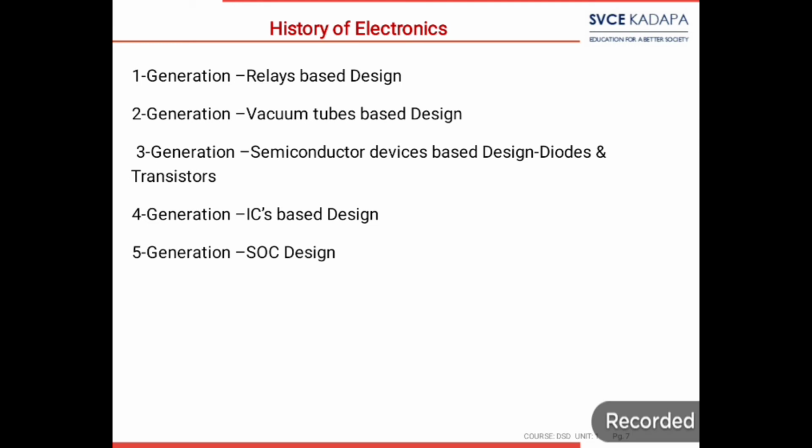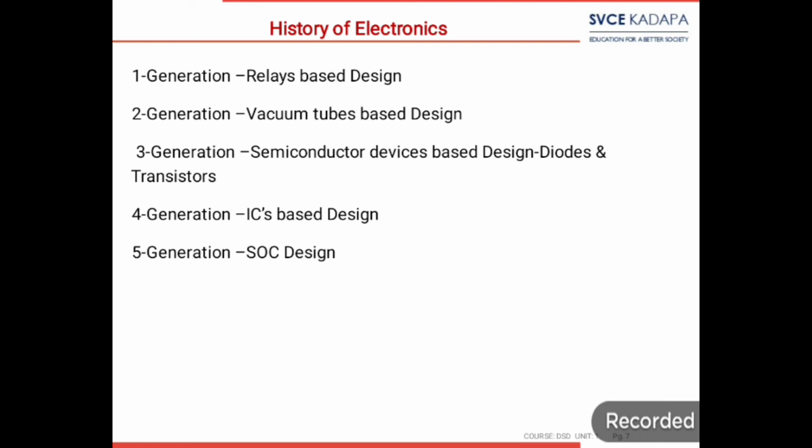Day to day the technology changes, and research goes on. The third generation came into the picture when semiconductor devices came into existence, and the electronics industry changed tremendously into a smarter way. We can improve all electronic devices based on semiconductor devices like diodes and transistors.